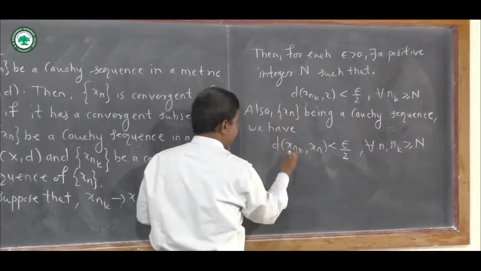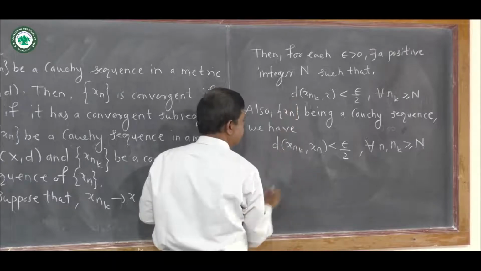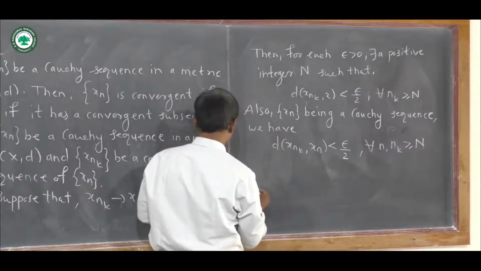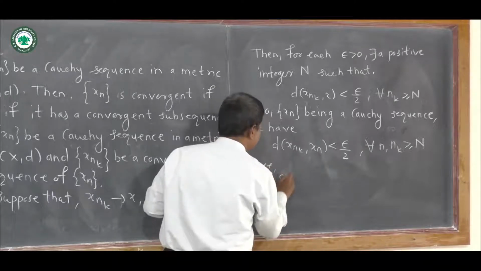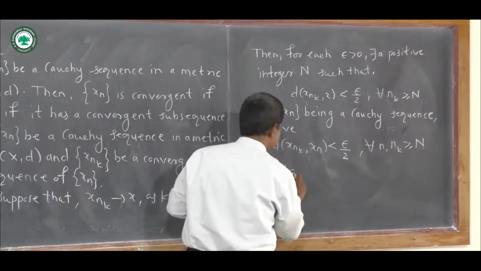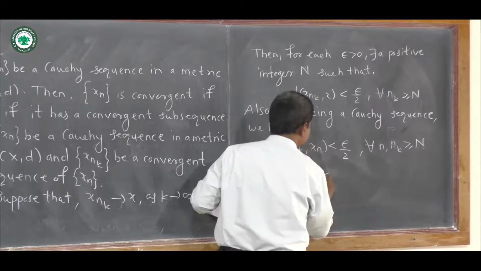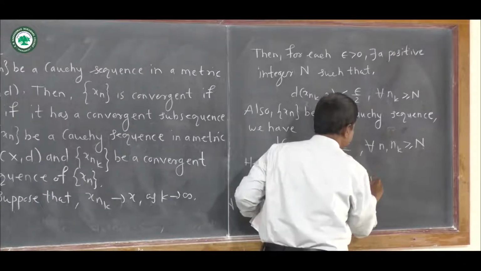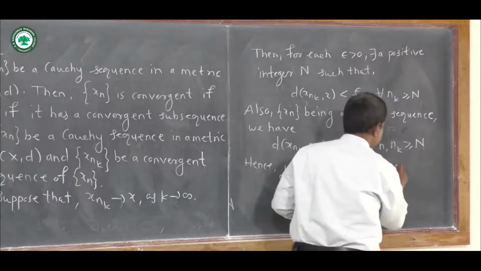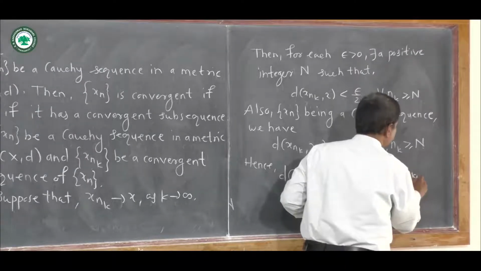Now since (X, d) is a metric space and all these elements are in the metric space X, hence we write the distance between x_n and x is less than or equal to the distance between x_n and x_{n_k} plus the distance between x_{n_k} and x.